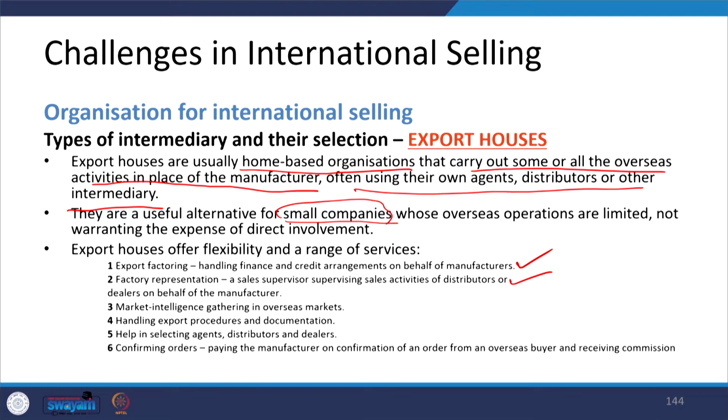Market intelligence is gathered in overseas markets through export houses, as they have the team to collect market information. Handling export procedures and documentation is easily taken care of. They help in selecting agents, distributors and dealers, so your work is reduced. The export house will do everything, including confirming orders, paying the manufacturer on confirmation of an order from an overseas buyer, and receiving commission in between. So that's how export houses work.